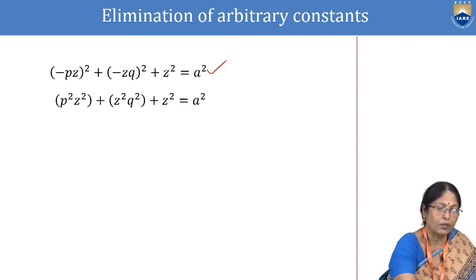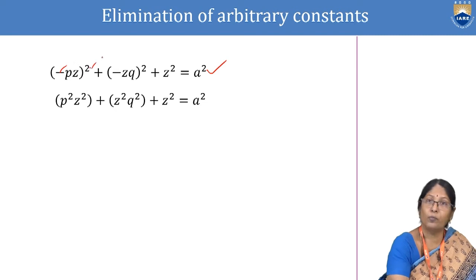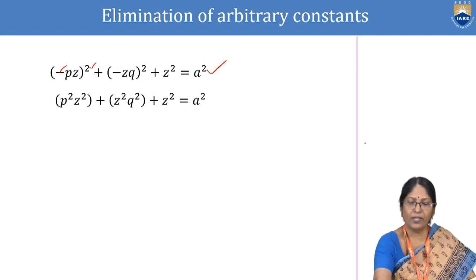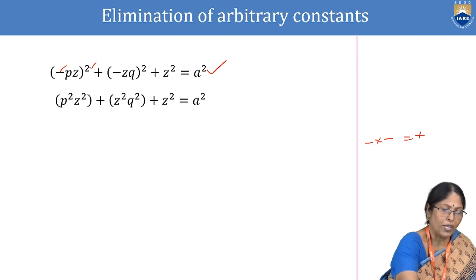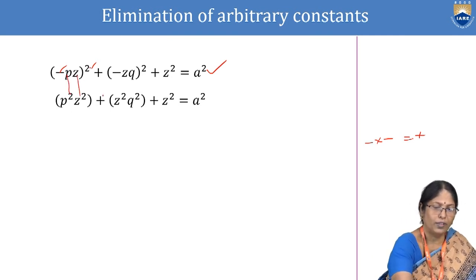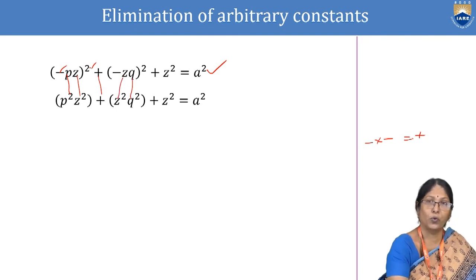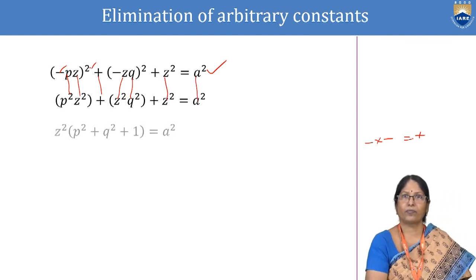P minus negative of square, we know it, positive, minus into minus, we know it is plus. So p square z square, this plus as it is, negative square positive, z square q square, z square, a square written as it is.